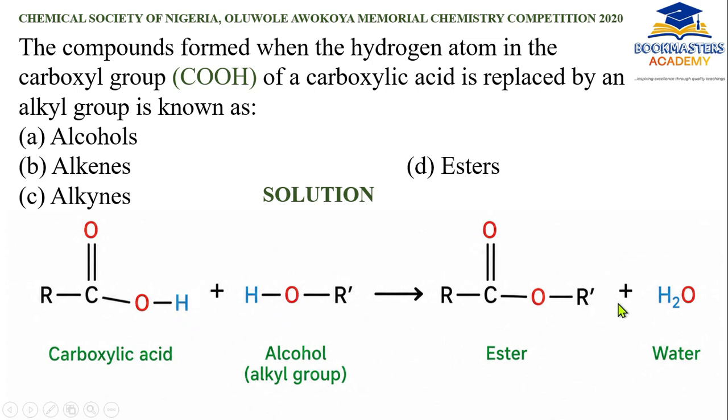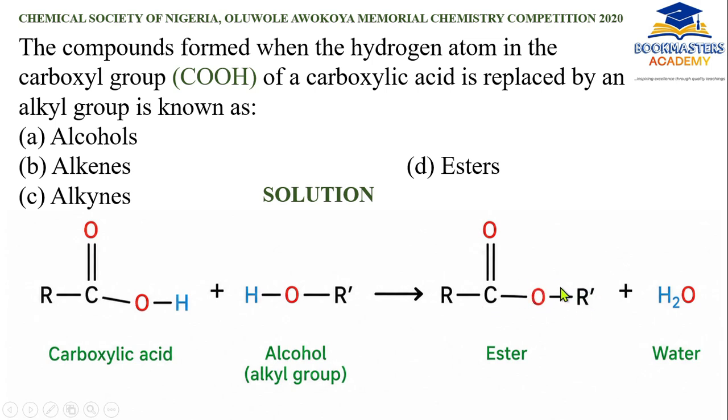The both of them combine to form water, while the alkyl group then combines with the carboxylic acid, and this is what differentiates the esters from the carboxylic acid. The carboxylic acids have hydrogen, while the esters have the alkyl group.